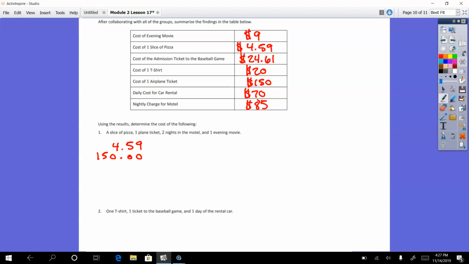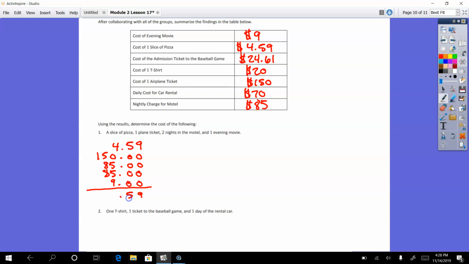Okay, so motel was $85 for one night. We want for 2 nights. And one evening movie was $9. Okay, so now we're just gonna add it all up.